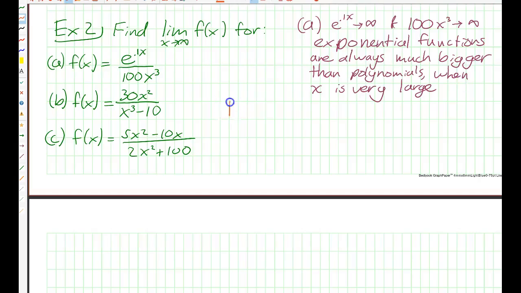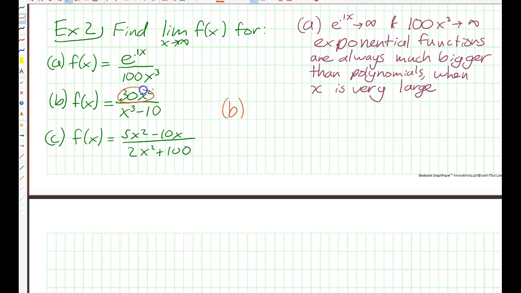Let's try b now. So this one is a polynomial divided by another polynomial. Again, they're both approaching infinity as x approaches infinity. Like x squared gets bigger and bigger, x cubed also gets bigger and bigger. The question is, which one is approaching infinity faster?